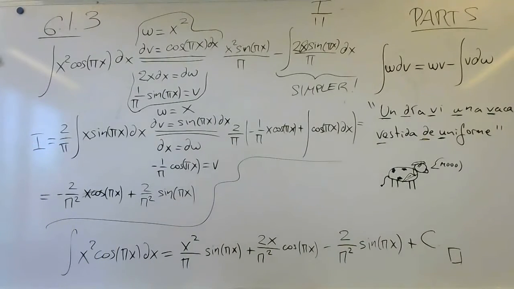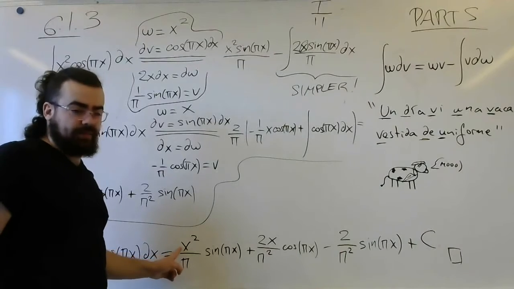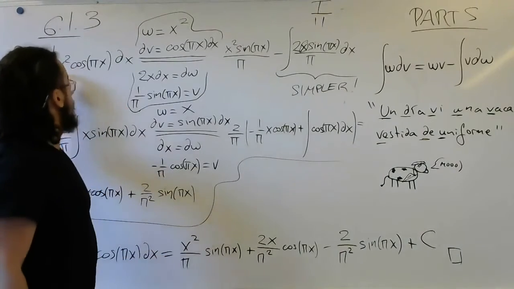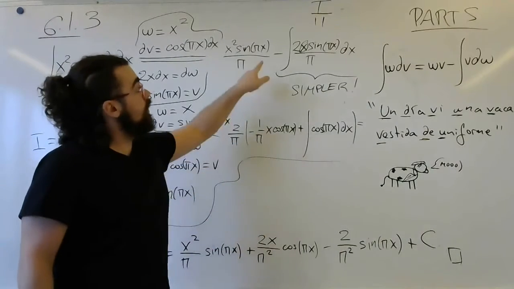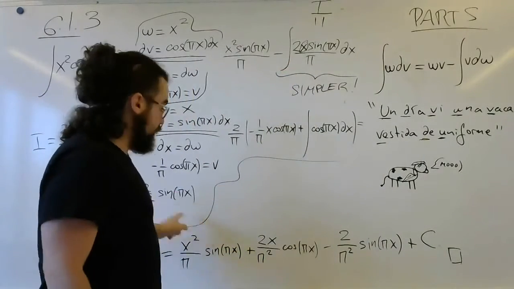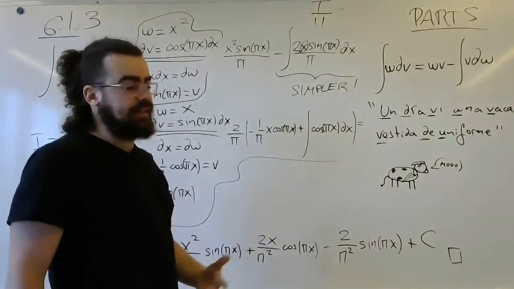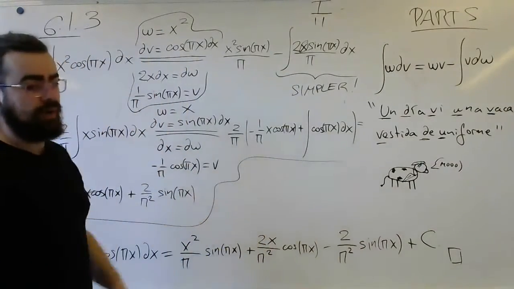Now, look at this. From the first step, we have a term in x squared. From the second step, we have a term in x. From the last step, we have a term without x. This is very common when you do integration by parts and there is a polynomial involved.